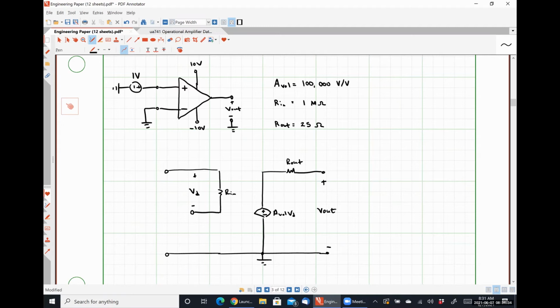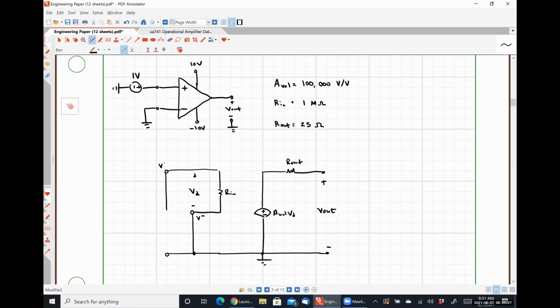For my inverting input terminal, which is this guy on the bottom, I have a connection to ground, right? So I'm just going to draw a short circuit to ground. And then for my non-inverting input terminal, I have a 1 volt source connected between the non-inverting input terminal and ground.